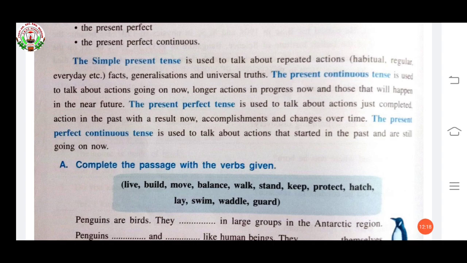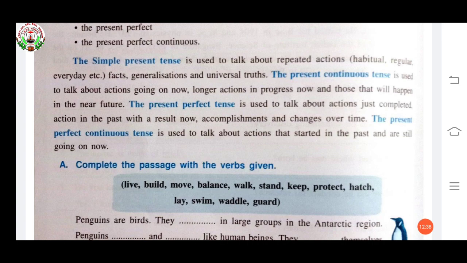It means in the present time you have completed the work. This is called present perfect tense. That's why in present perfect, has or have will come. Have will come with I, we or you, and has with he or she.